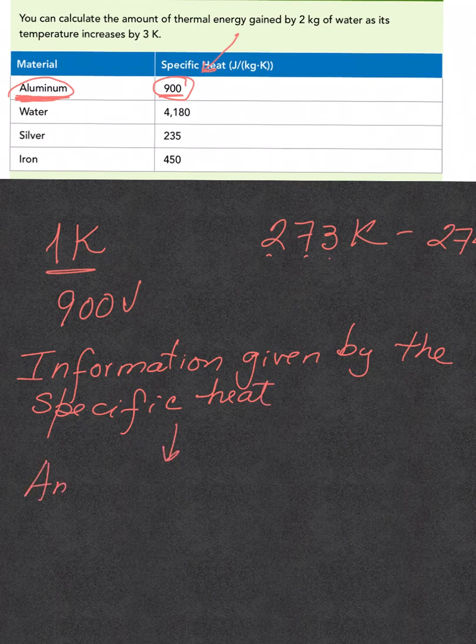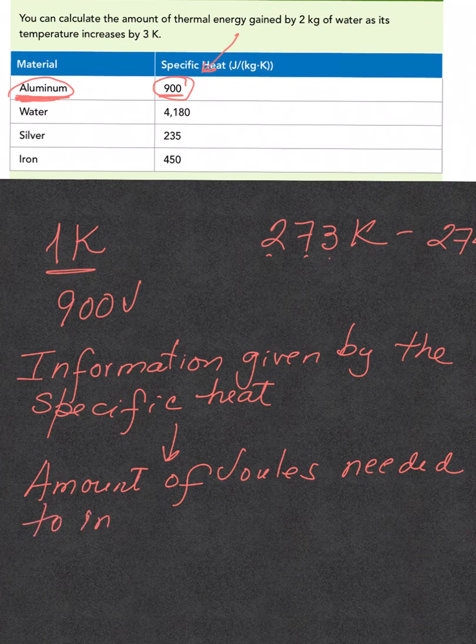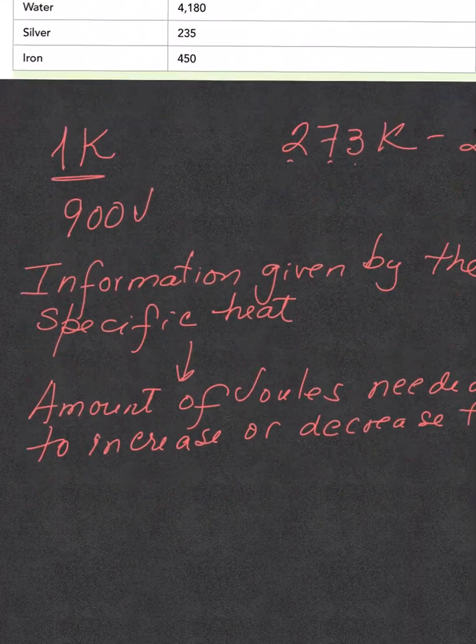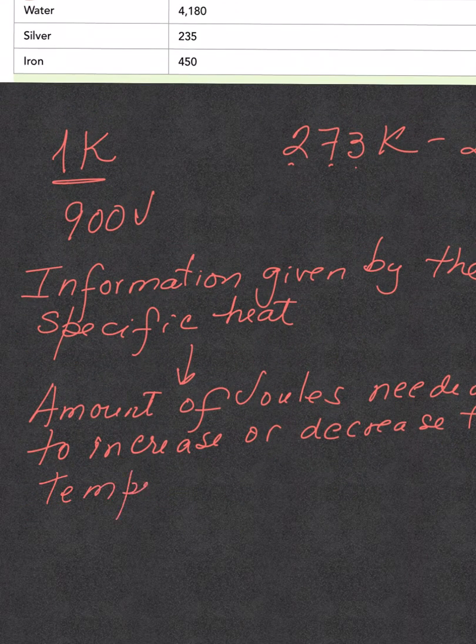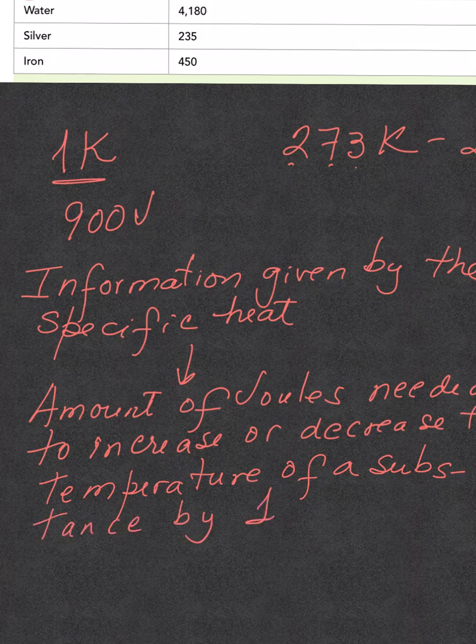Amount of joules. You know the joule is the unit of measurement that we use for energy. So joules means energy. Amount of joules needed to increase or decrease the temperature of a substance by 1 Kelvin.